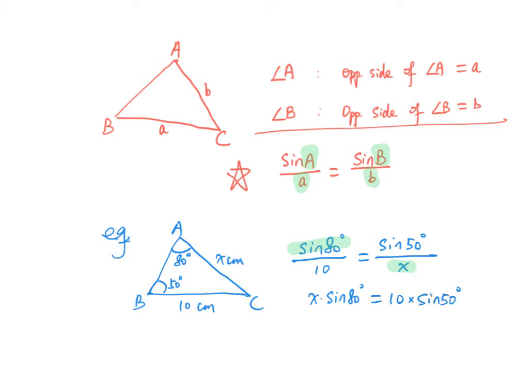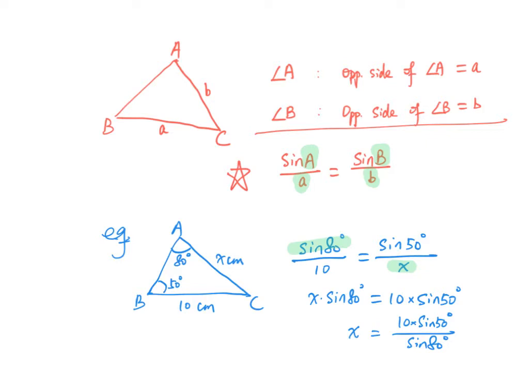You can move sine 80 degrees to the right hand side, so x equals 10 times sine 50 over sine 80 degrees.